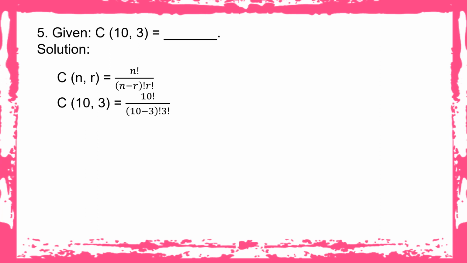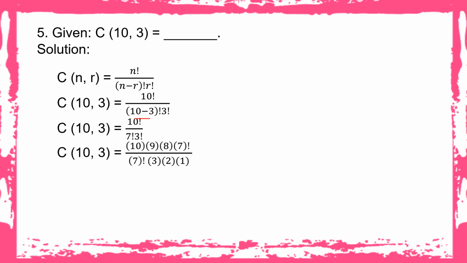First, you have to simplify the denominator. So 10 factorial over 7 factorial multiplied by 3 factorial. Simplify, we can now have 10 times 9 times 8 times 7 factorial. I end up with the 7 factorial because you can see here that in our denominator we have 7 factorial.